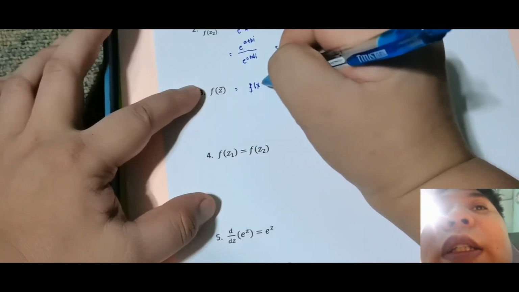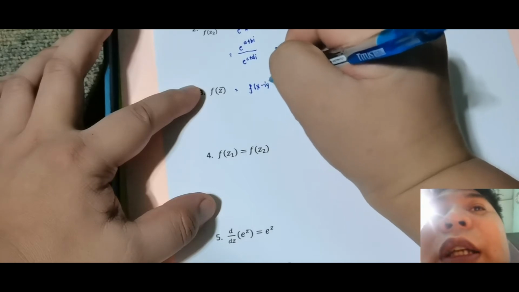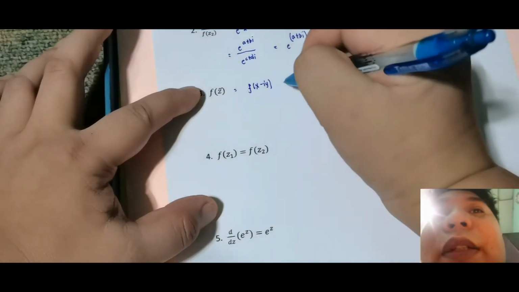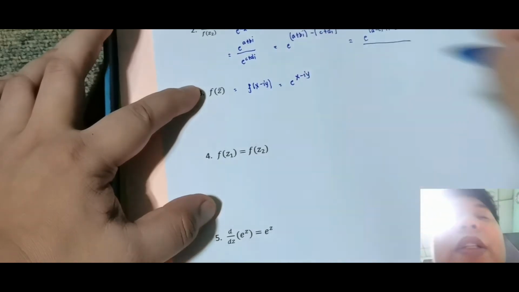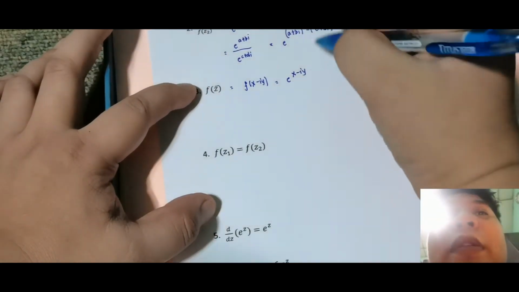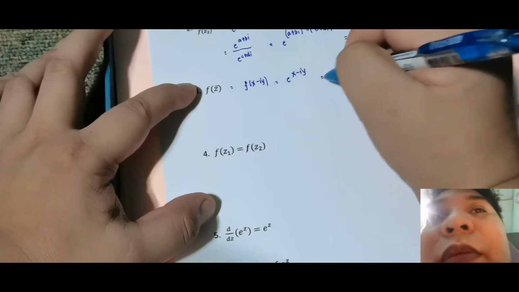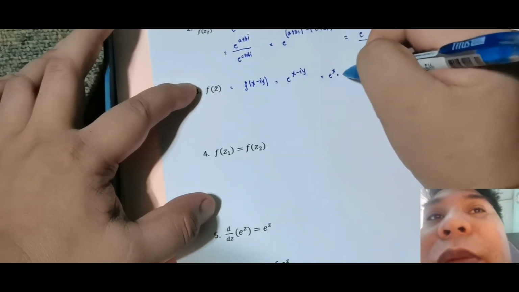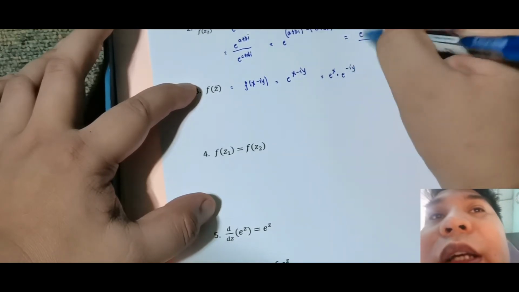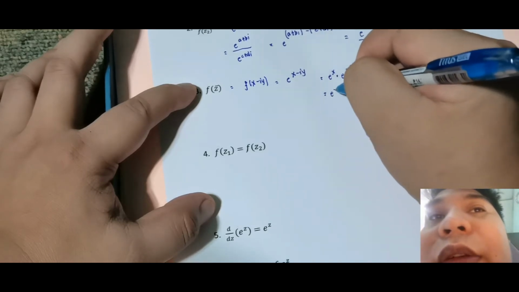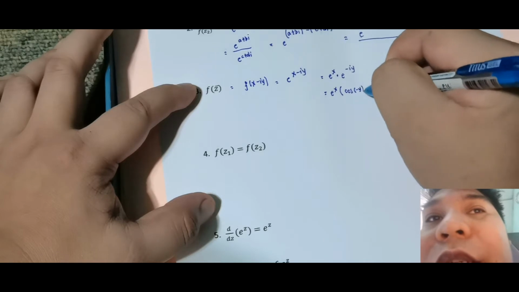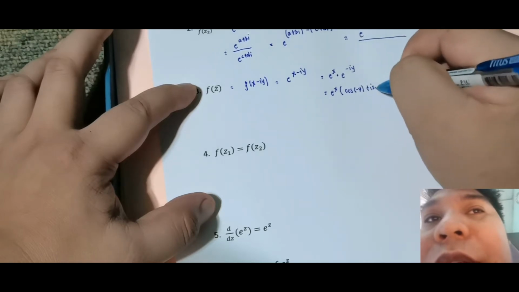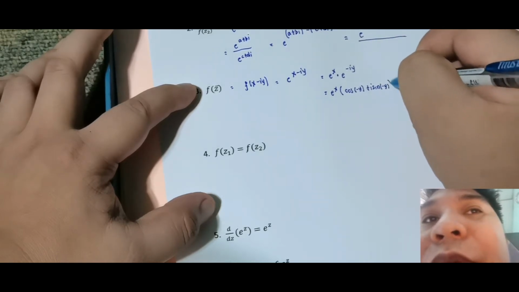f of x minus iy. Tama? And that is simply equal sa e raised sa x minus iy. So this is equal sa e raised to x multiplied by e raised to negative iy, which is equal sa e raised to x, then cosine of negative y plus i sin of negative y.